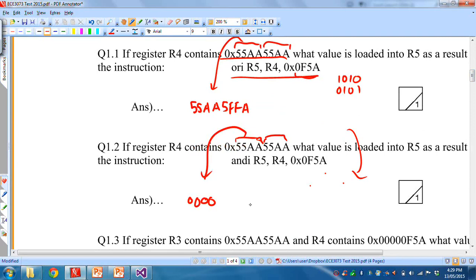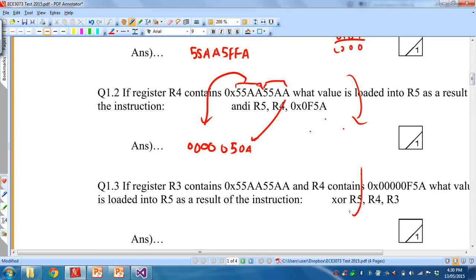ANDing an A with an A, you get an A. ANDing A with 5, if I AND those together, I get zeros. And an F with a 5, you get 5. F with anything ANDed is itself. And ANDing a 5 with a 0 is obviously a 0. So that should be trivial enough.